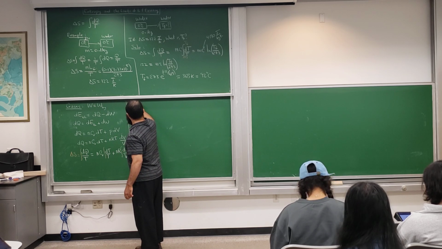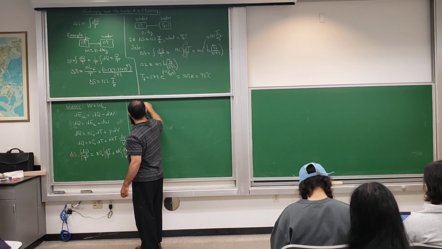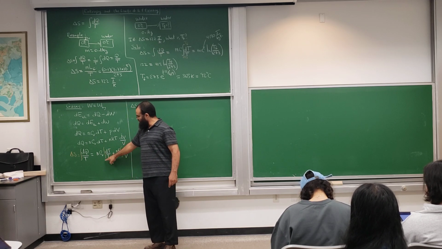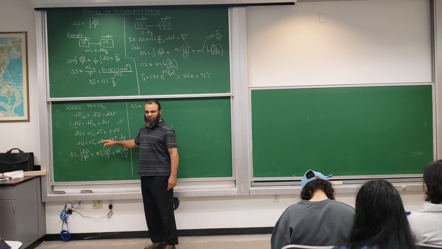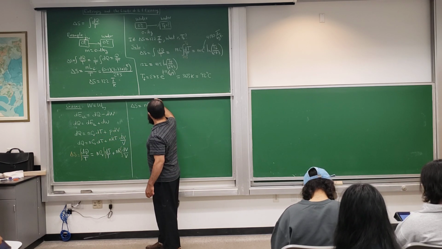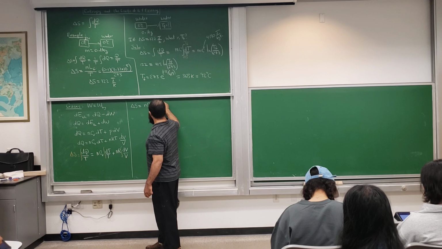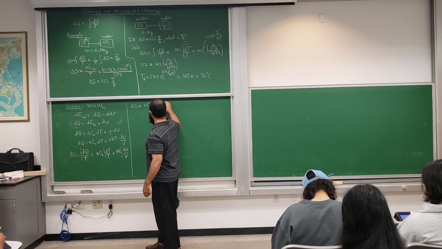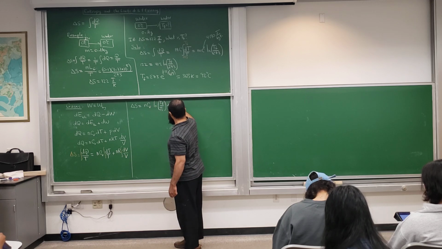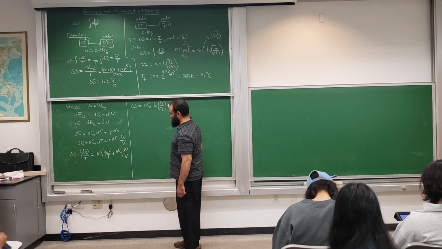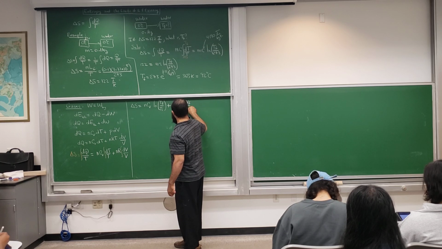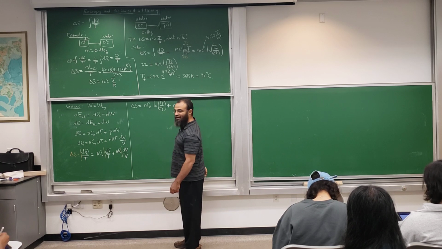Delta S would be n C_V ln of T final minus ln of T initial, so that's ln of T final over T initial, plus nR times ln of V final over V initial. Like this? Yeah.